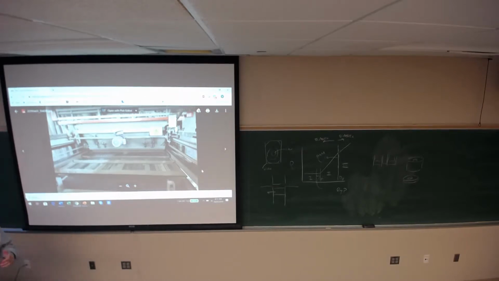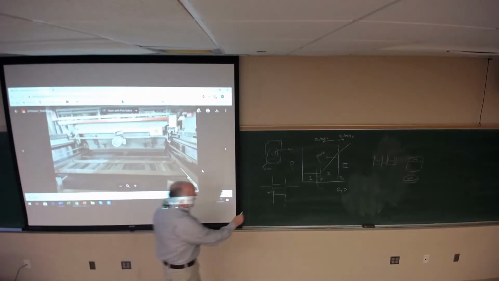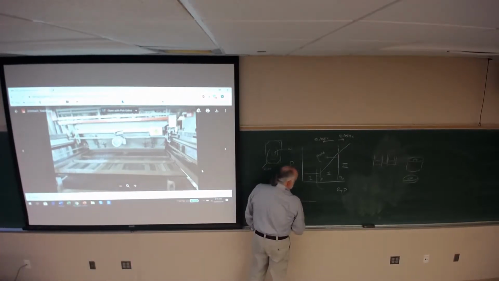But the argument has always been that you need the die to keep the material from going out. It does not go out. So Andy Wurzak has been working at Oak Ridge on compaction of powders, and they do unconstrained compaction. So instead of having the die wall here, they have a platen, okay?